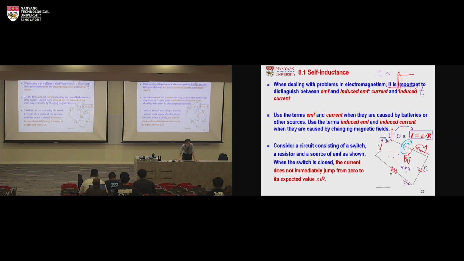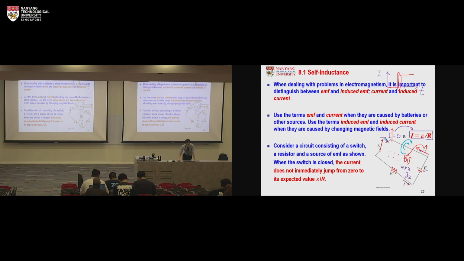This is going to be, let's say, B2. B1 is pointing out of the page and increasing, so B2, the induced B, should be pointing in the opposite direction, into the page.